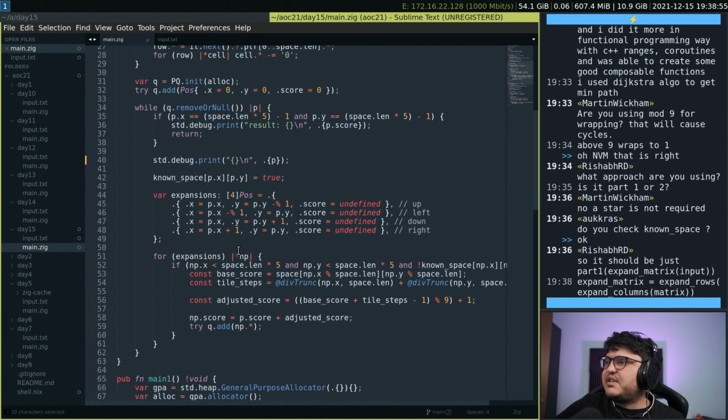As the indices increase, I look up the original score in the original matrix, and compute how much the score would have changed in that corresponding tile by doing this tiny piece of math. And I do set it to the score.